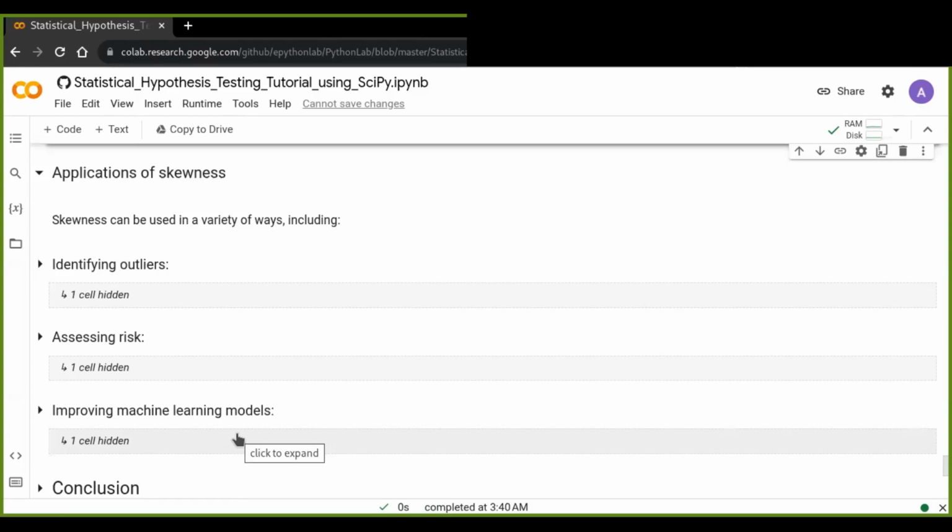Being able to recognize and interpret skewed data enables researchers, data analysts, and decision makers to drive meaningful insights and make informed decisions. By understanding the implications of skewness, you can unlock a deeper understanding of data distributions, leading to more accurate analysis and informed decision-making in your respective fields.